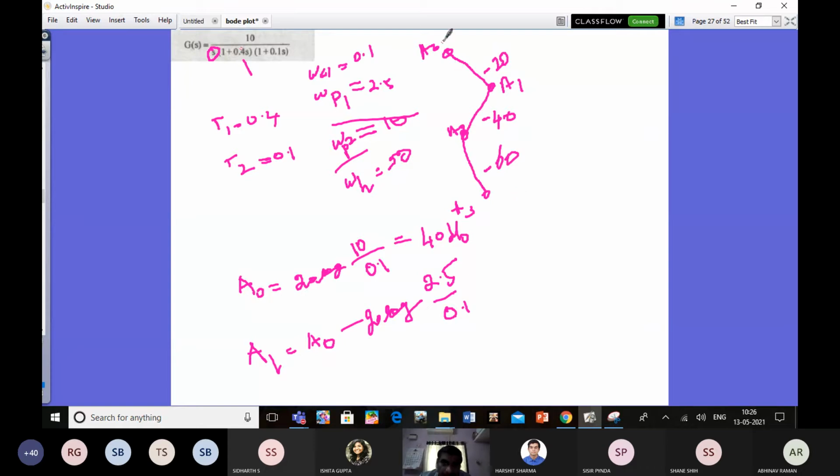I told you to mark the corner frequencies. Here it should be omega CL, here omega P1, here omega P2, and here omega H. So what is the answer? A0 minus 20 log of 2.5 divided by 0.1.